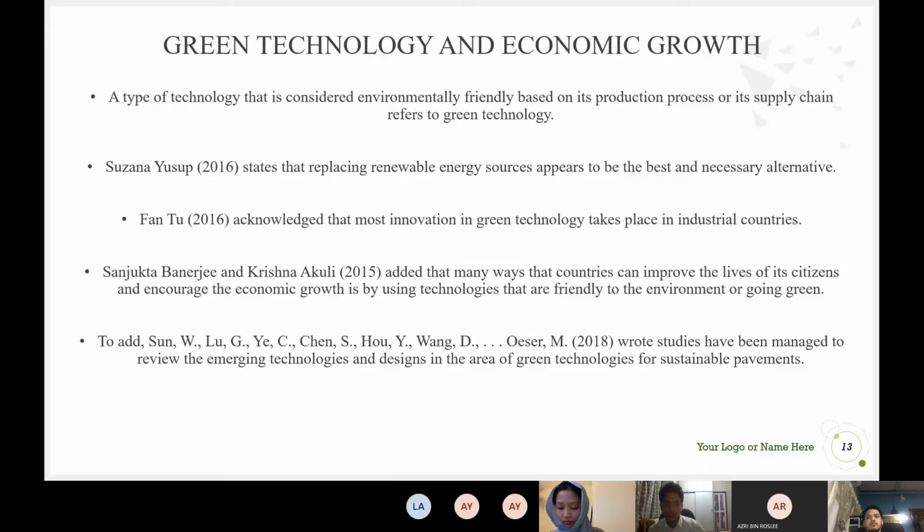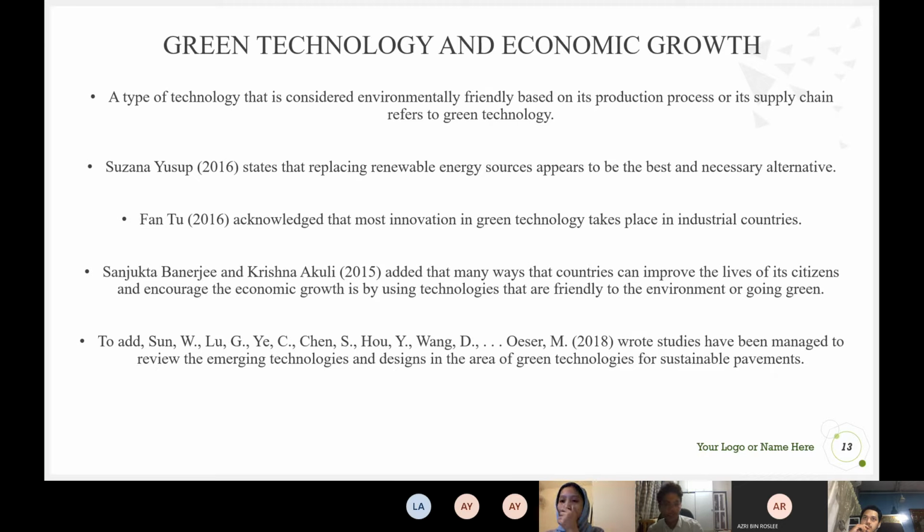Furthermore, Sanjukta Banerjee and Krishna Akuli added that among the many ways that countries intend to improve the life of their citizens and encourage economic growth is by using technologies that are friendly to the environment, or going green. They also added that green technology is the answer to one of the important factors of environmental pollution, such as the disposal of waste.